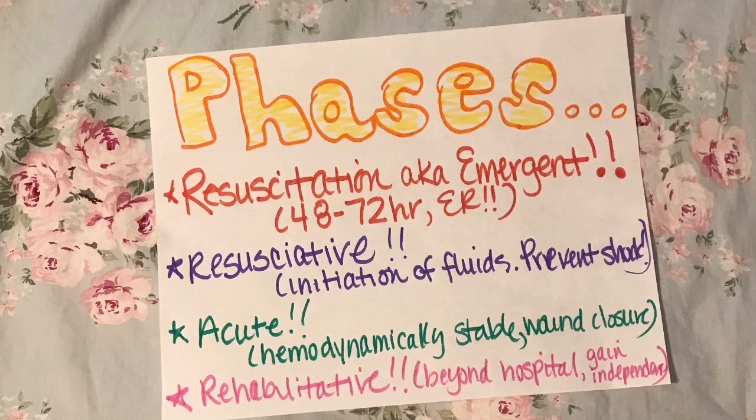Sorry about that. After the acute phase, that's when we head into the rehabilitative phase, which, like I said a second ago, overlaps the acute phase, and this is the phase that's going to extend outside of the hospital. The goals for this phase are to keep the patient's independence and achieve maximal functioning.